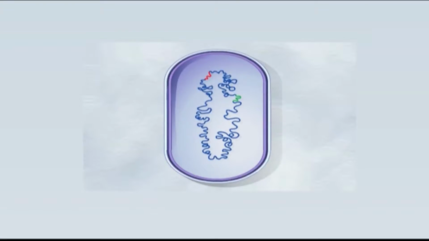Let us first discuss what transposons are. Transposons or transposable elements are segments of DNA found in virtually all cells that move from one location in a chromosome to another within the same chromosome or into another chromosome.